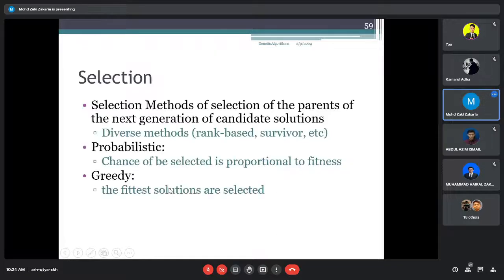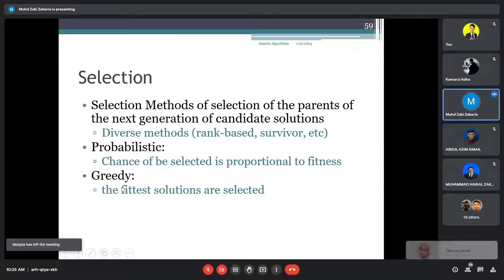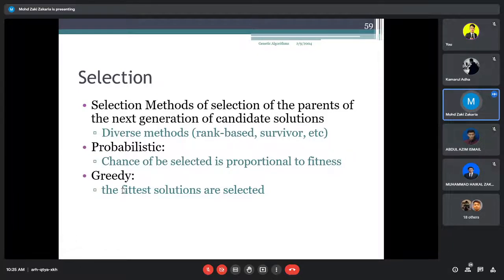Then for selection, we have many types to select the children. Maybe we can use rank-based, survival, probabilistic, greedy, and so on. But usually we use elitism. I mean, we compare the list of chromosomes. We choose the best quality chromosome, then we put it as a parent. Then we follow the same process, crossover, mutation, and so on.